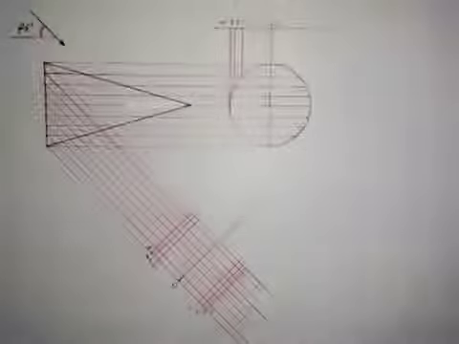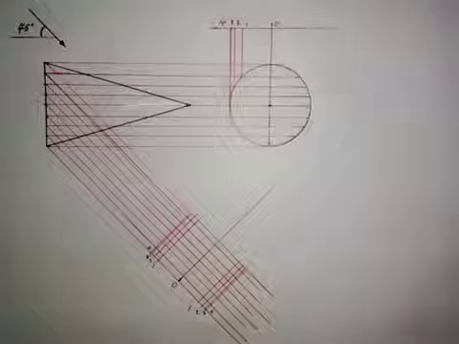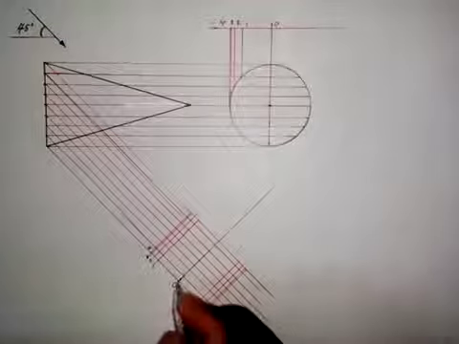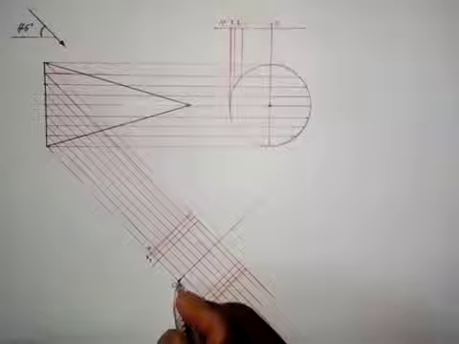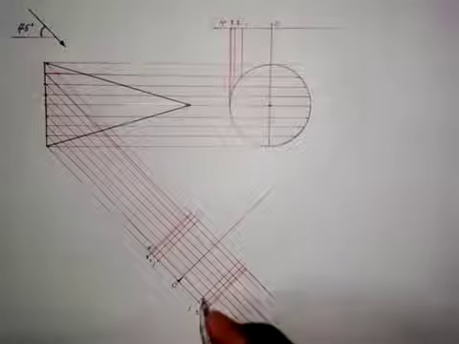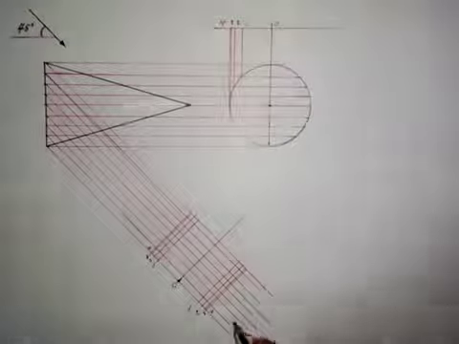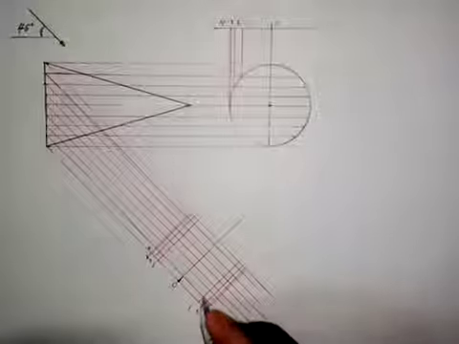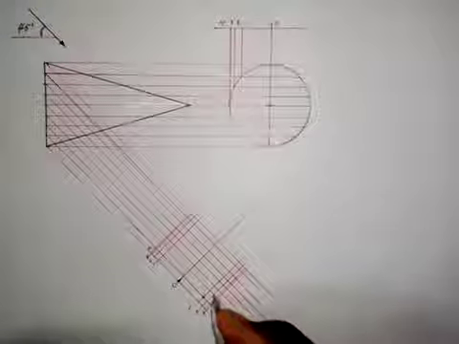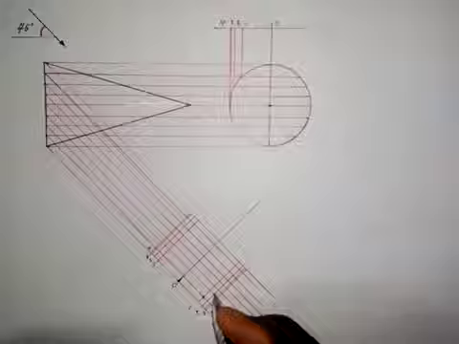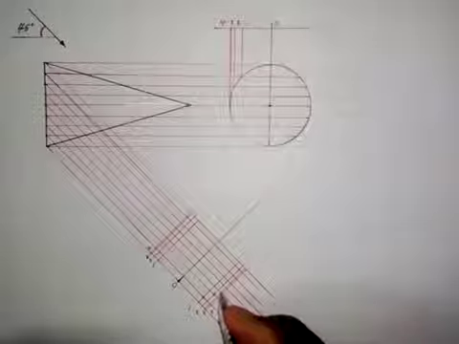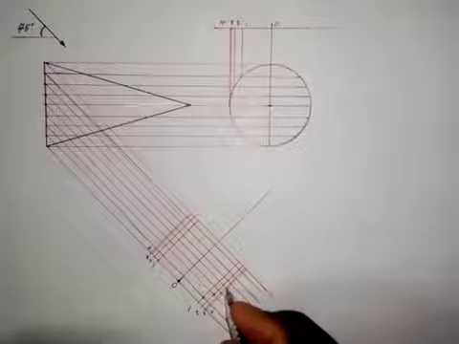Alright, so having done this, the next thing that we are going to do is to locate the points. Starting from 0 here, which is the midpoint, you are going up, just following the line. So this is 1 here, then this is 2, this is 3, and this is 4.